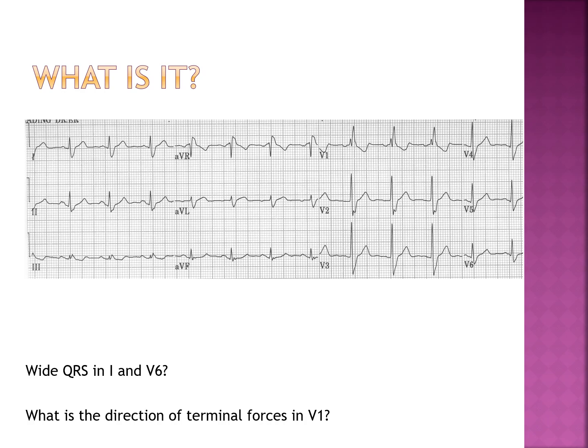They're positive. So if I have kind of a thin QRS complex in 1 and V6, but I have positive terminal forces in V1, I need to say that I have a right bundle branch block, because when I'm driving my car and I flip that little turn signal up, I'm signaling that I want to turn to the right. So if it's up, it's to the right. So we have a right bundle branch block.